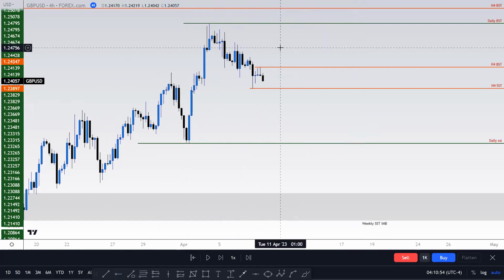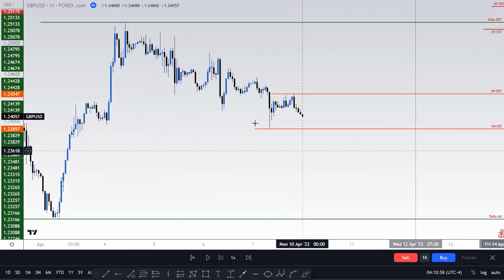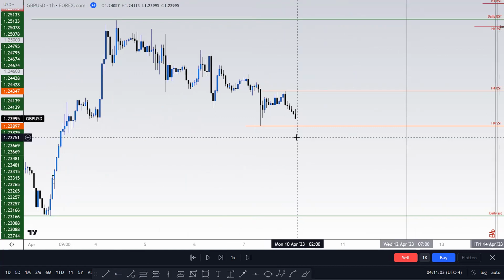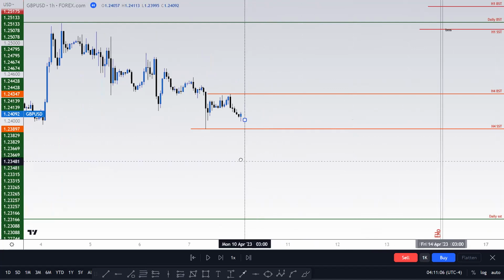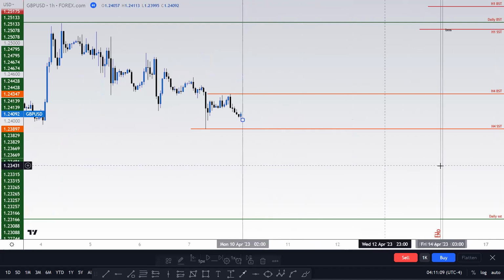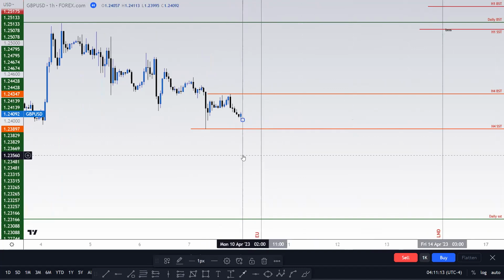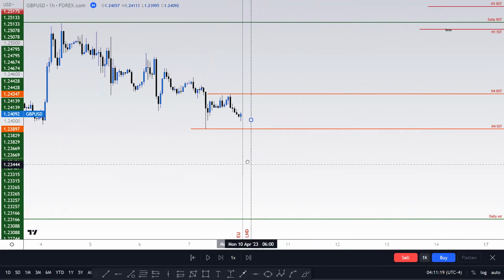Then if we go down to the 1-hour time frame, again forward playing this to just before the European Open. So this is the European Open, and this is the London Open at 3.